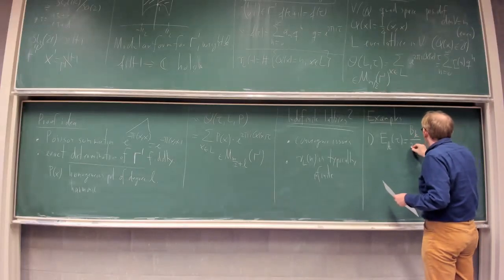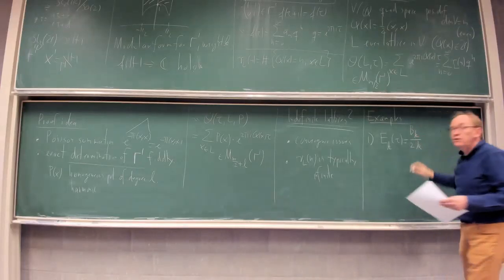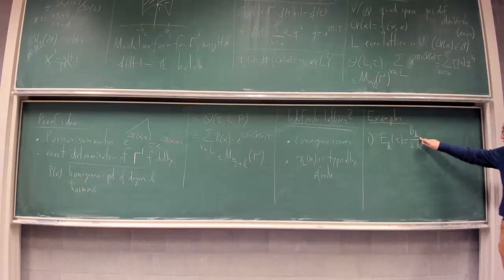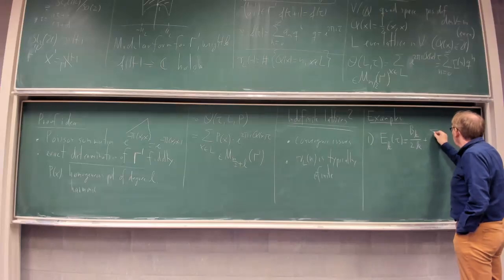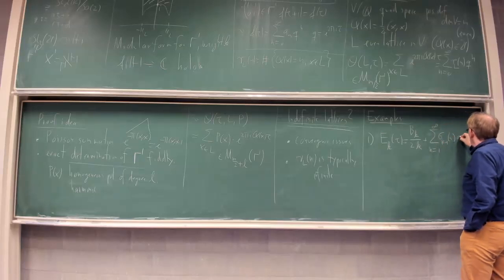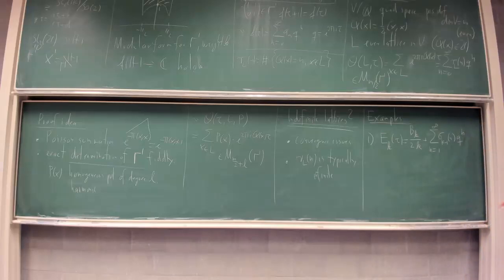The constant term a_0 is the Bernoulli number B_k divided by 2k, some rational number, plus the generating series of the divisor sums.